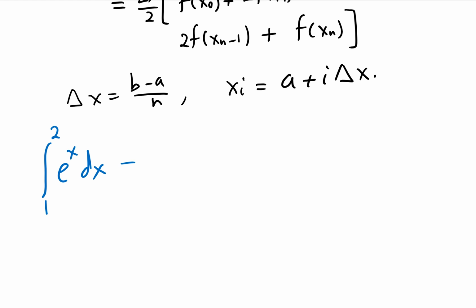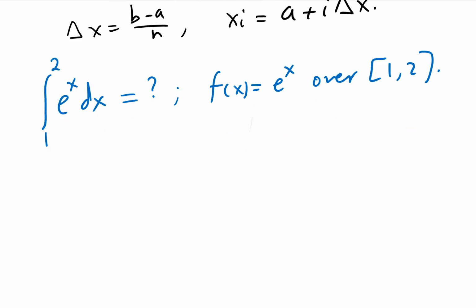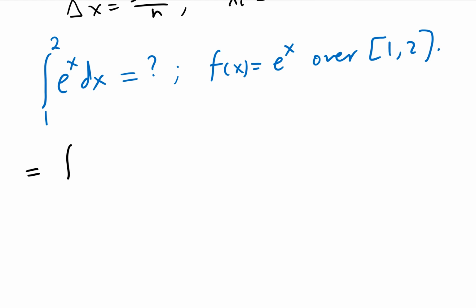You're given the function e to the x over the interval 1 to 2. I know this is very simple, which we can do by integrating it right away. The integral of this is just e to the x from 1 to 2, and that gives me e squared minus e.